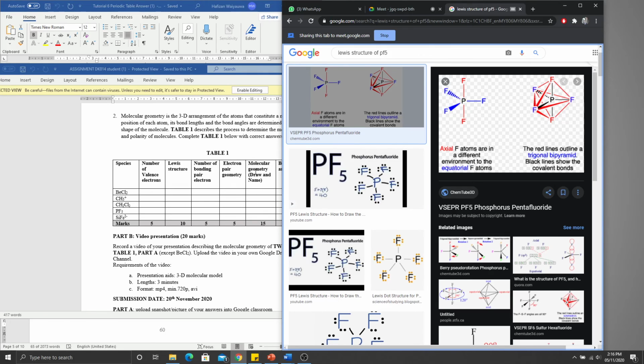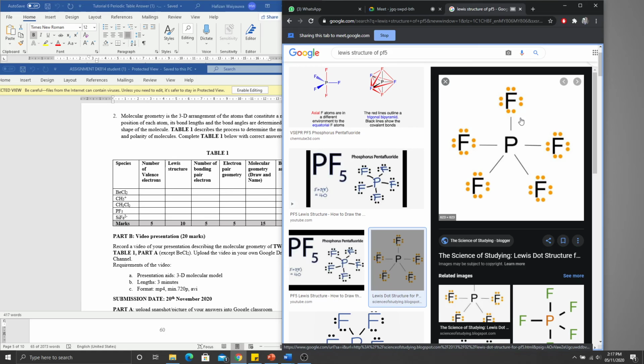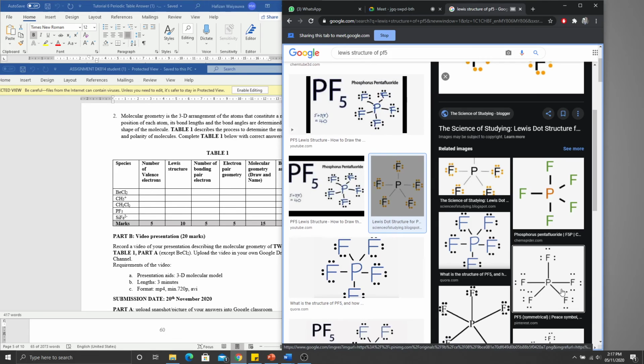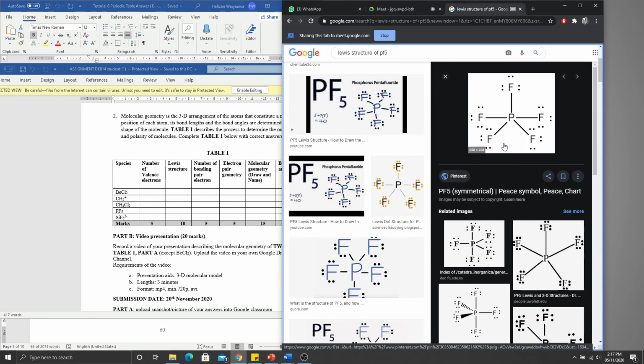Kalau awak nak lukis, mula-mula geometri awak lukis macam ni lah. Lewis structure is like this. Not like this lah. This one tak betul Lewis structure dia. Like this, this is yang betul Lewis structure dia.